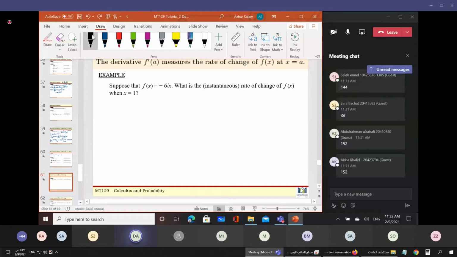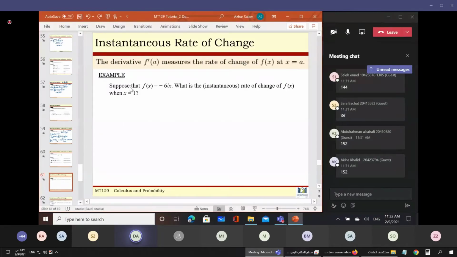Now, to solve this example, suppose that this function f is given as minus 6 over x, which is equal to minus 6 multiplied by x to the power minus 1. The question is, what is the instantaneous rate of change?